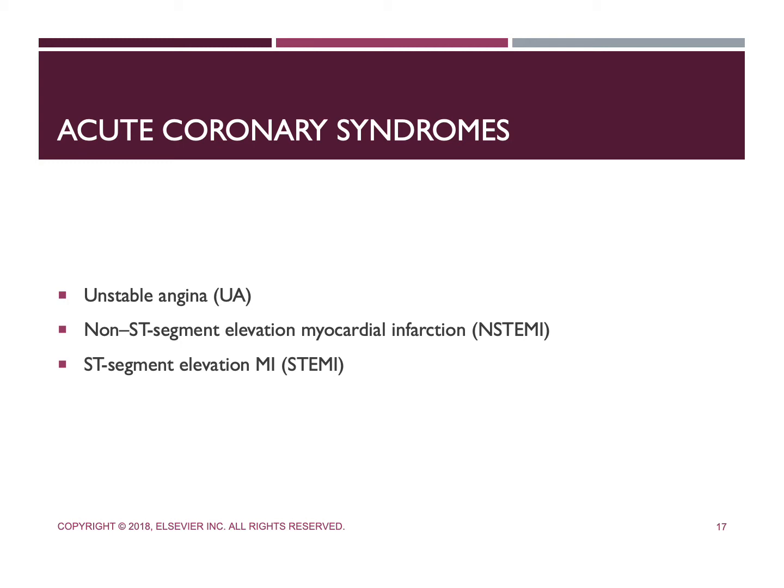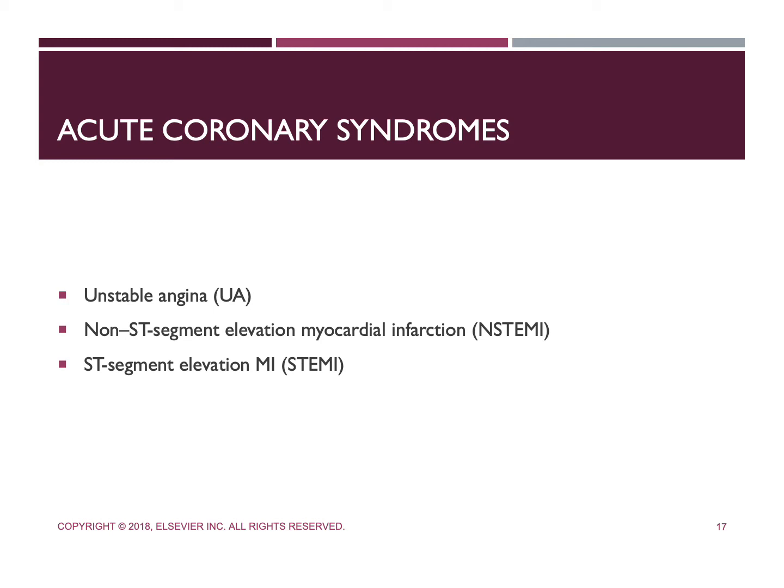We could also see things like unstable angina, what we also call UA, a non-ST elevation MI, which is an NSTEMI, or possibly even sudden death. So complete blockage of a coronary artery may result in ST elevation MI, once again, STEMI, or sudden death.